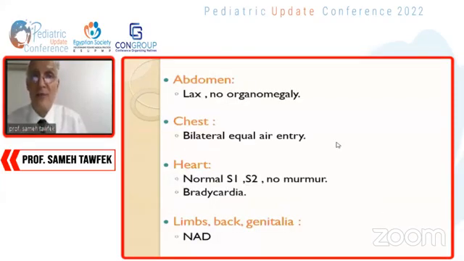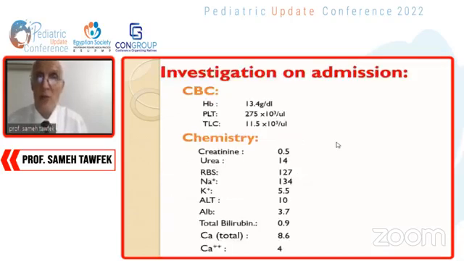The abdomen was lax, no organomegaly, and chest was bilaterally equal and normal. Heart normal apart from the bradycardia, but no shock, no cyanosis, no acidosis. Back, genitalia, limbs, all were normal and no abnormality detected.